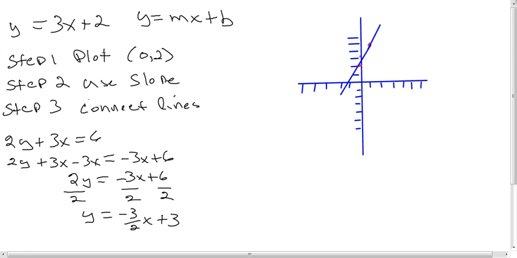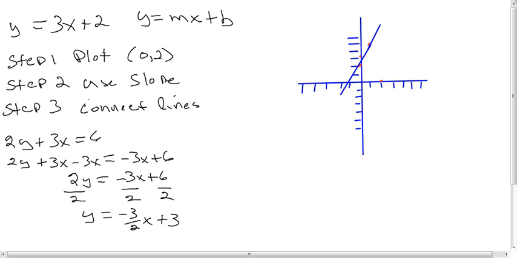Now we need to look at our slope, and our slope here is negative 3 over 2. So that means we're going to rise a negative 3, or fall actually. So we start from our point and we're going down 3, 1, 2, 3. That's going to put us back at the origin, and we're going over 2, 1, 2, and we'll put our second point.